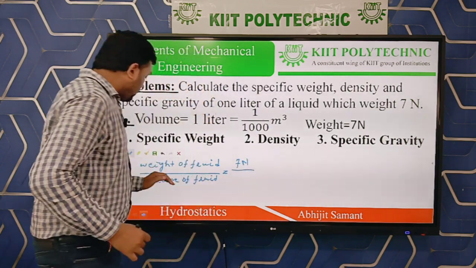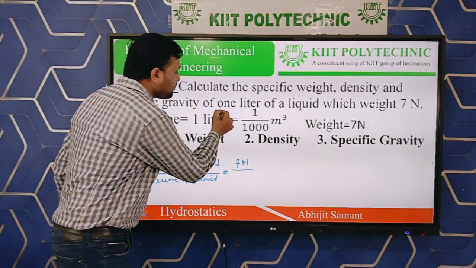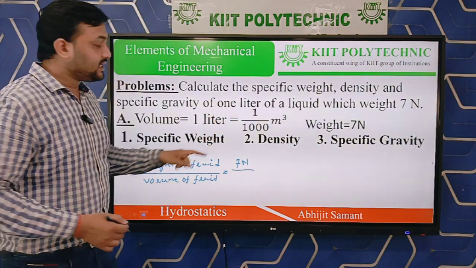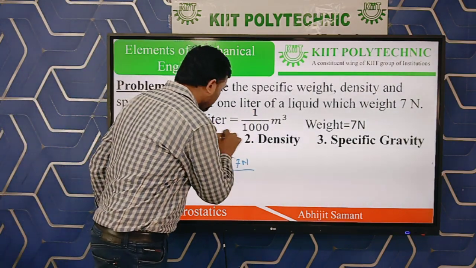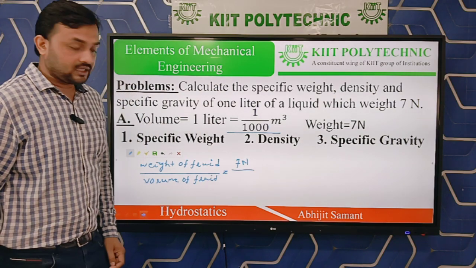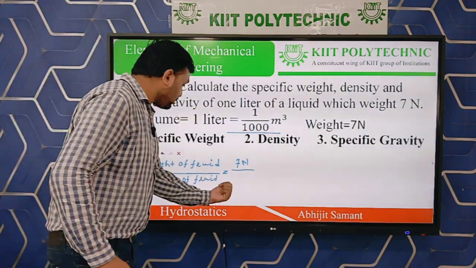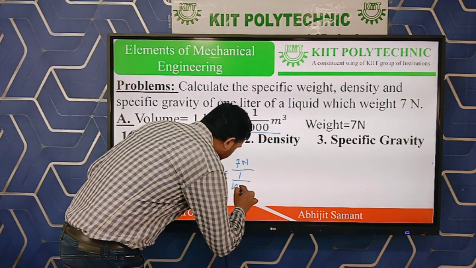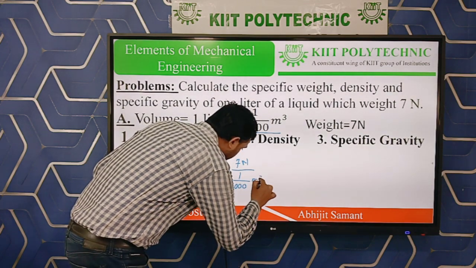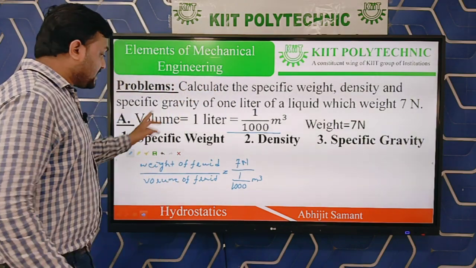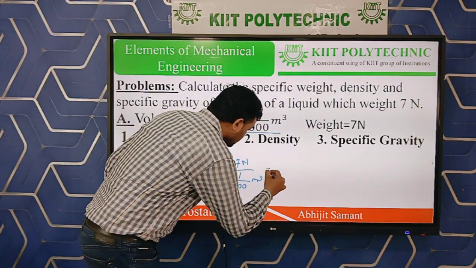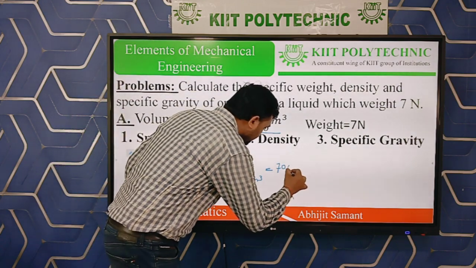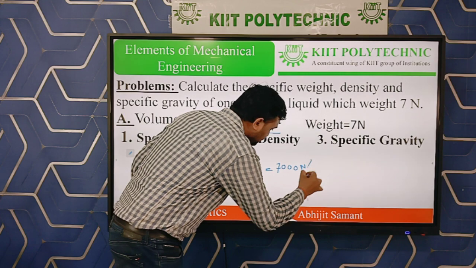Divided by the volume of the fluid, which is 1 liter. 1 liter can also be written as 1 by 1000 meter cube. So specific weight is equal to 7 divided by 1 by 1000, which becomes 7000 Newton per meter cube.